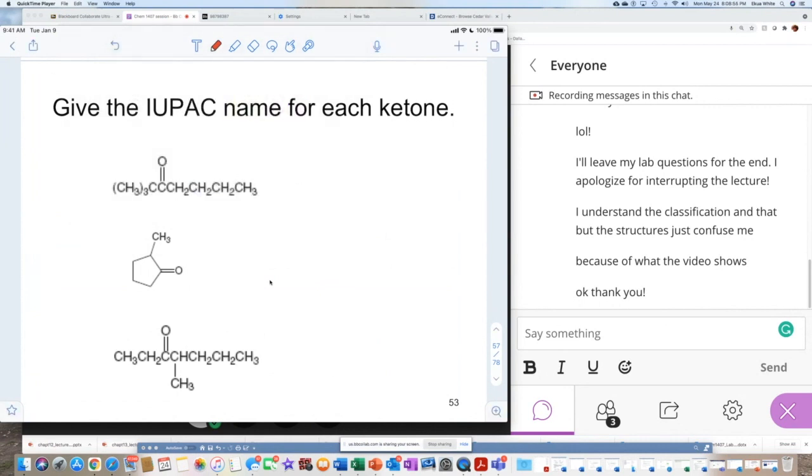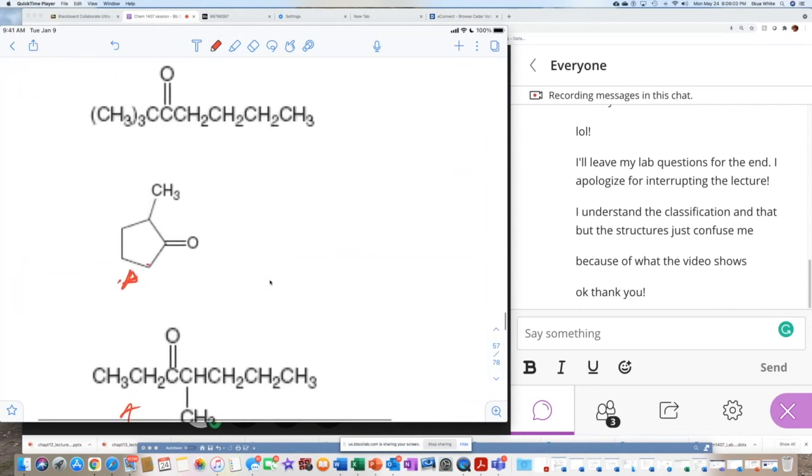Let me do this one here and this. With this one here, you number this as 1 because that's what the rule says. This one here will be 2. So this is 3, 4, 5. This will be cyclopentane.